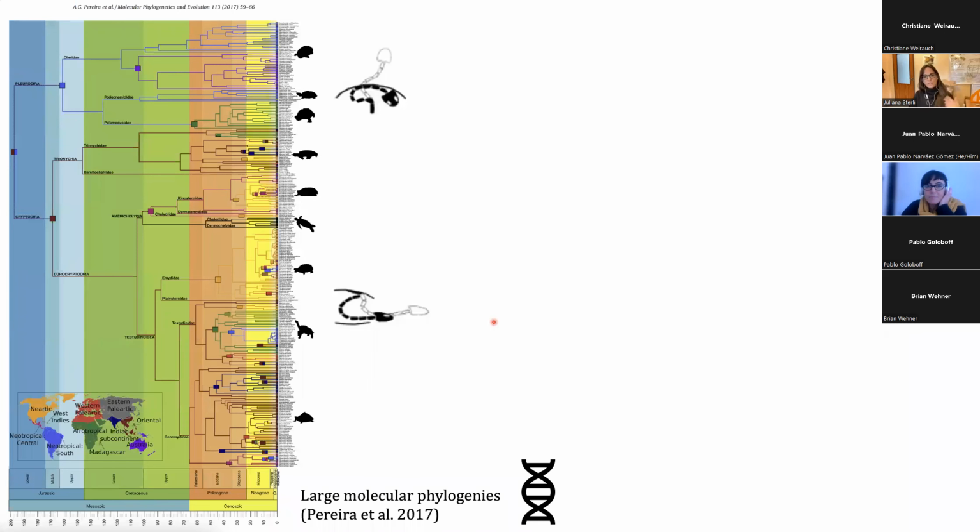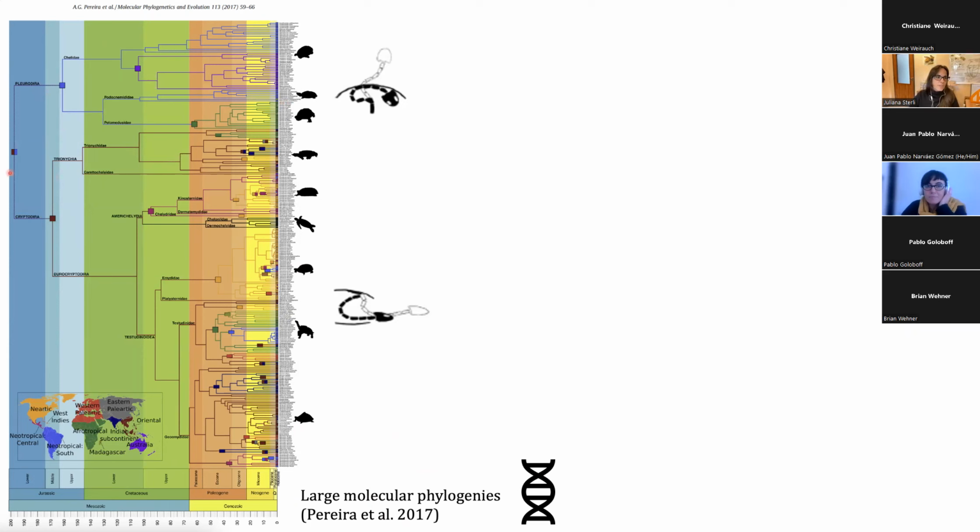So we have information about the evolution of turtles using morphology, but as we have also living representatives of turtles, there are other phylogenies based mainly on molecular data, as the one we have here, a large molecular phylogeny of 80% of the living species of turtles, where we can find a similar arrangement.